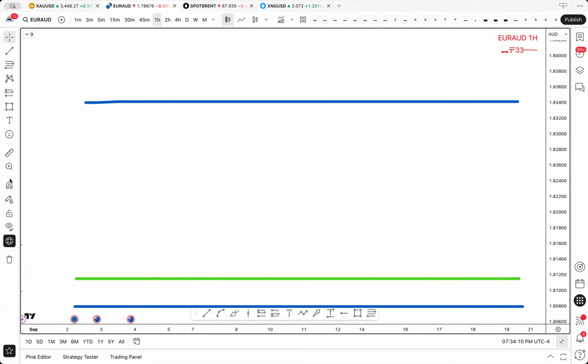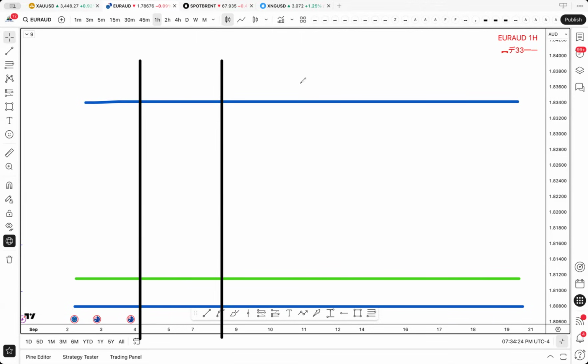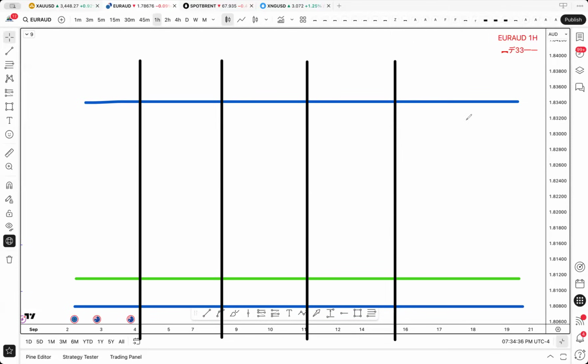I'm going to split this up in a few days, and we're going to talk about the first red day and first green day. Once again, I'm going to draw our daily separators here: Monday, Tuesday, Wednesday, Thursday, and Friday. Monday, Tuesday, Wednesday, 1, 2, 3, 4, and 5.